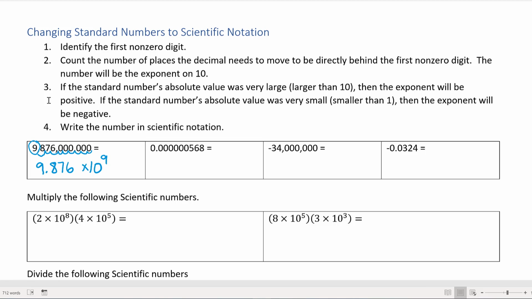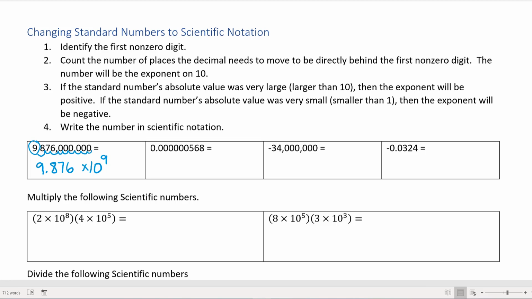Now, if the standard number's absolute value was very large, like 9 trillion, really, really large, then the exponent should be positive. That's what step 3 is saying. Now, if the standard number's absolute value is very, very small, like 0.00000, then the exponent will be negative.